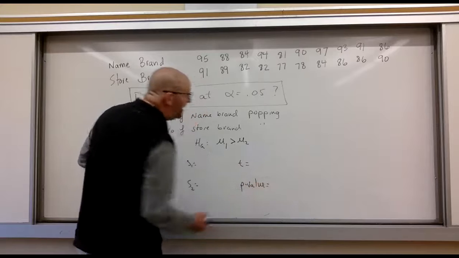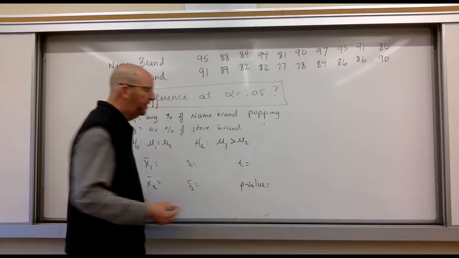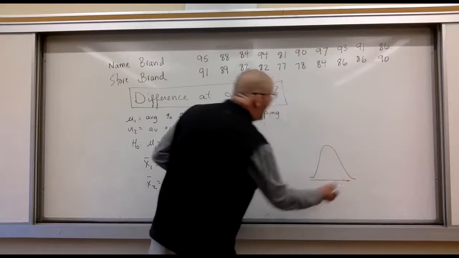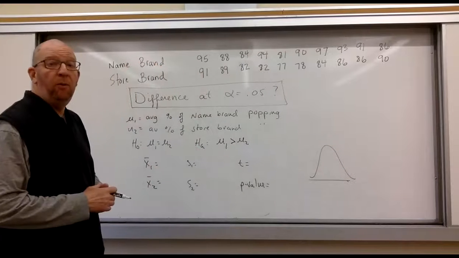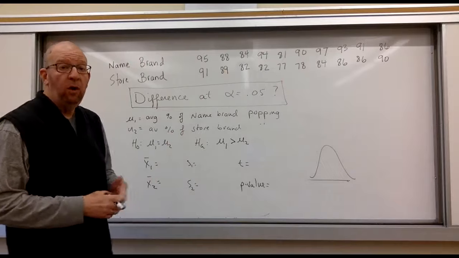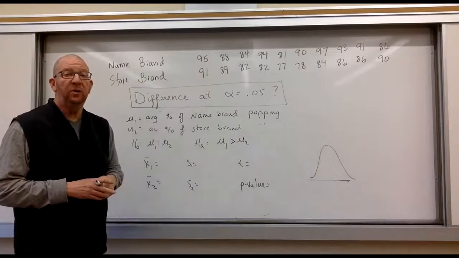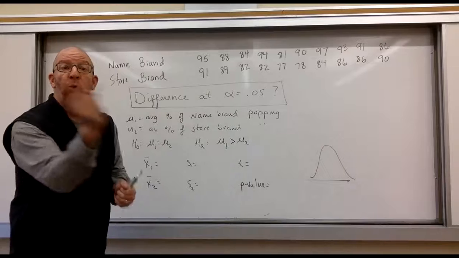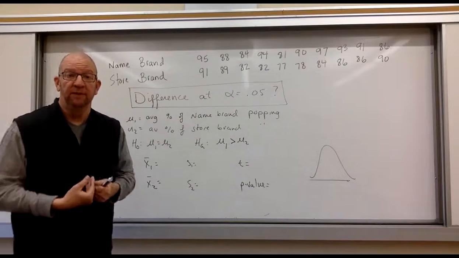And then finally, well, almost finally, we're going to draw a curve, fill that in, and then we will make our conclusion. So we've got those numbers entered into our calculator. Let's let our calculator do the work, and we're just going to interpret it.